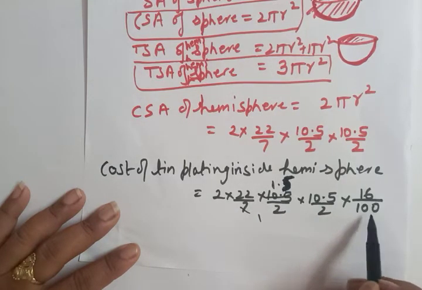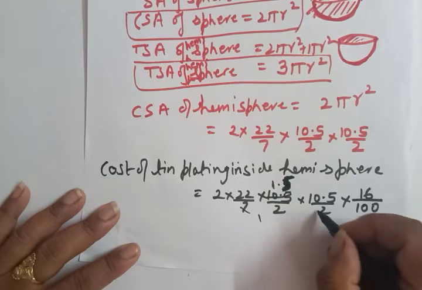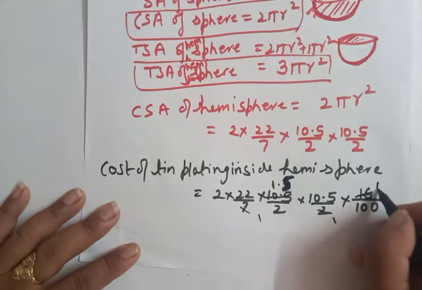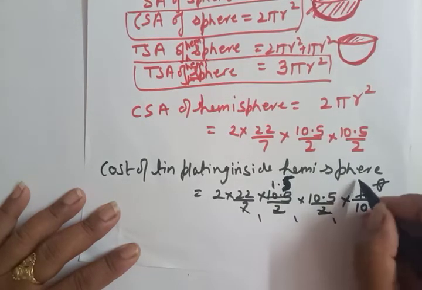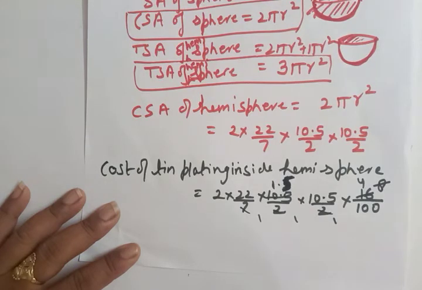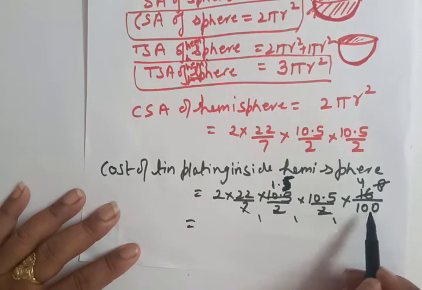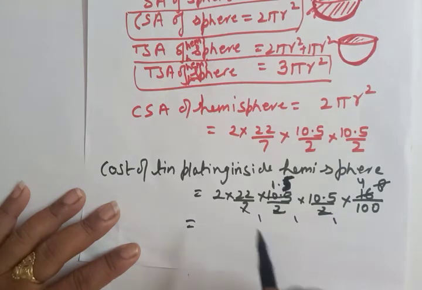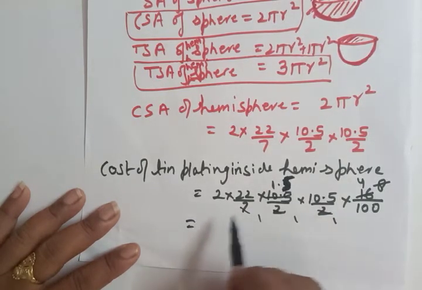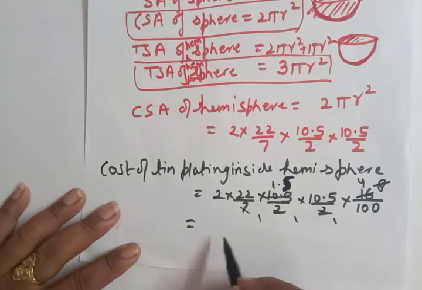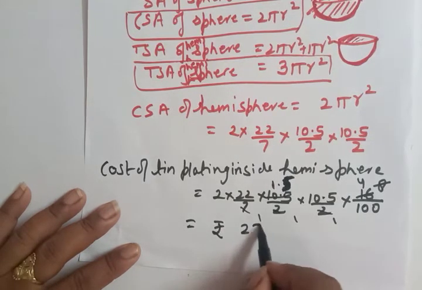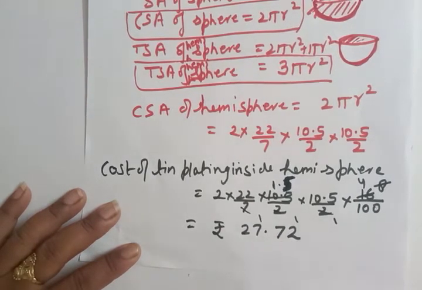We will leave the 100 here. 2 1s are 2, 2 8s are 16, 2 1s are 2, 2 4s are 8. Now simply multiply all this, leaving 100 so that it will be easy to put the decimal. After multiplying, we will get rupees 27.72. Clear?